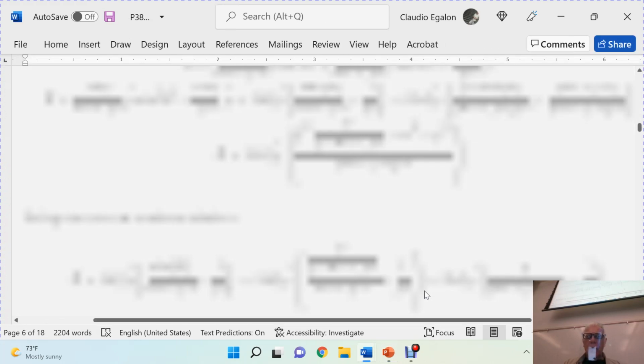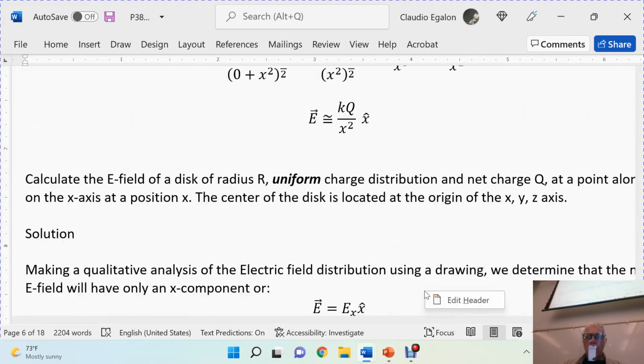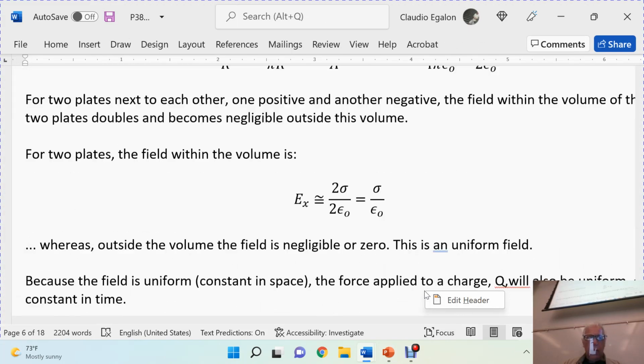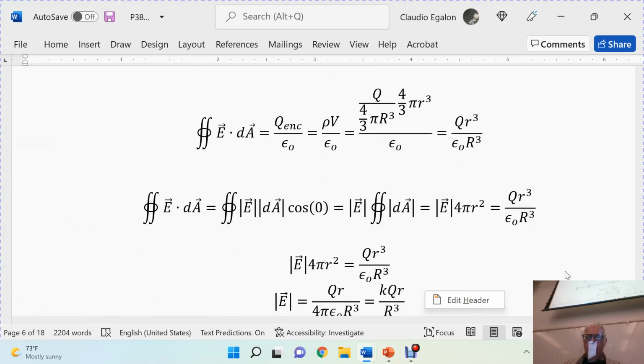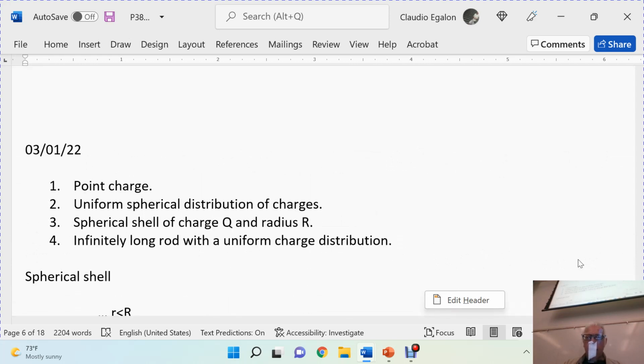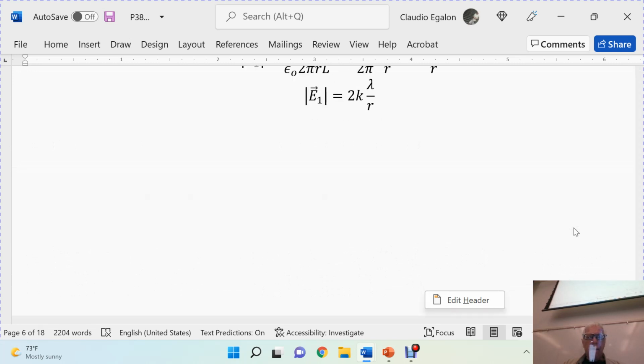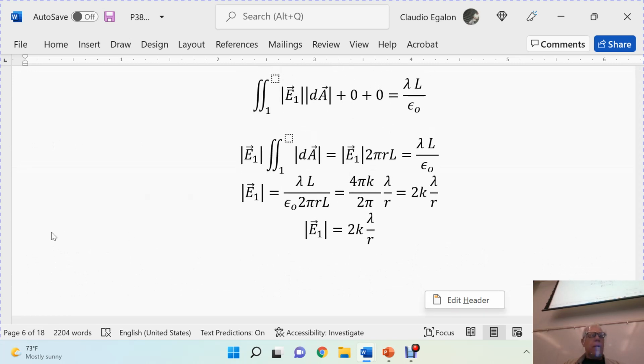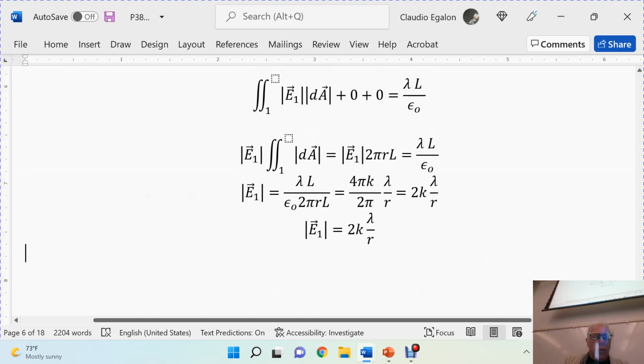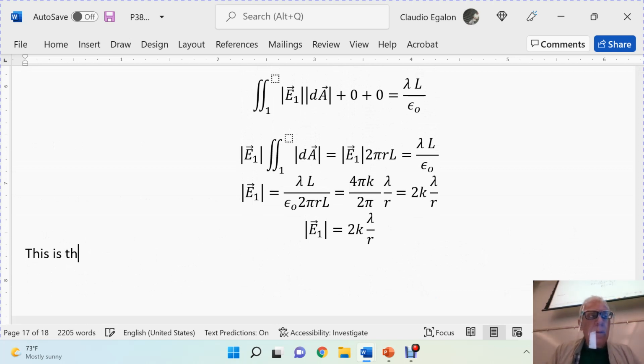So keep that in mind. This result here is the result for an infinitely long rod. Infinitely long rod. Okay.